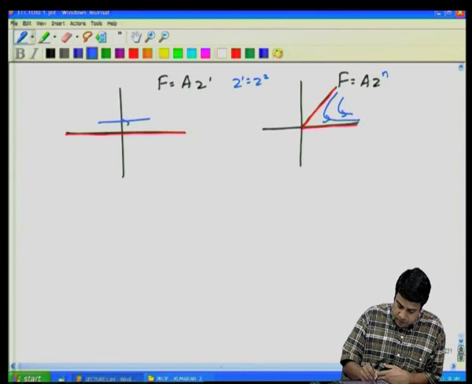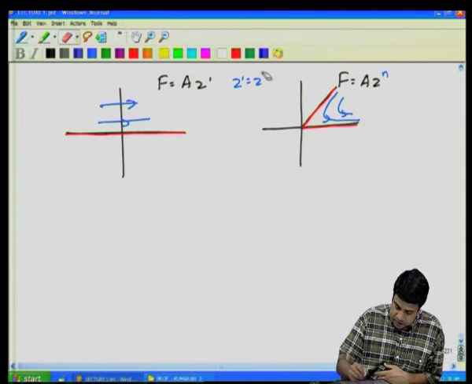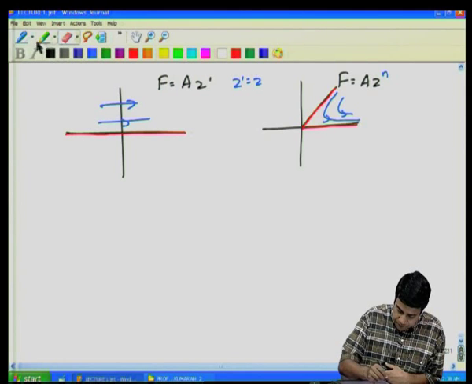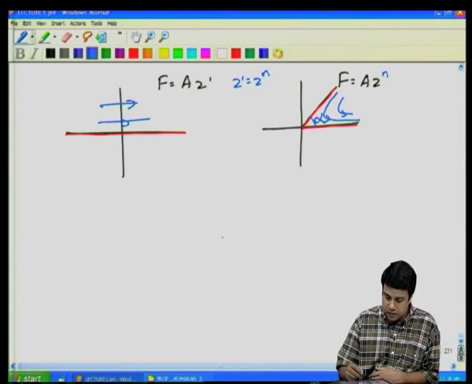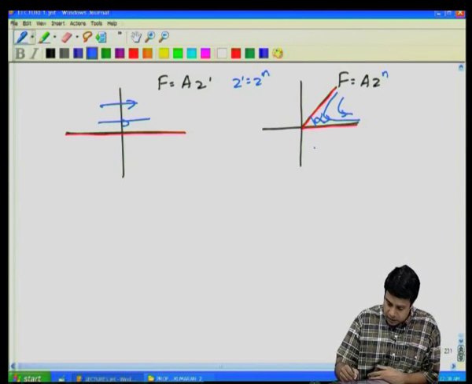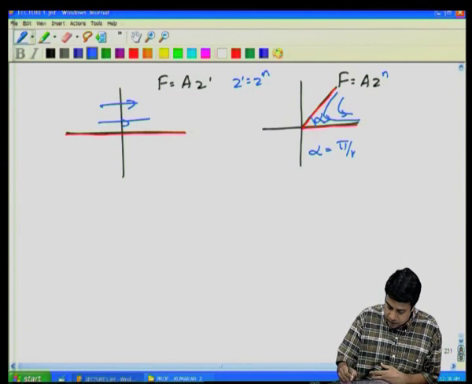That can be transformed into this flow just by doing this transformation, z prime is equal to z power n. If this angle is alpha, we know that alpha is equal to pi by n.